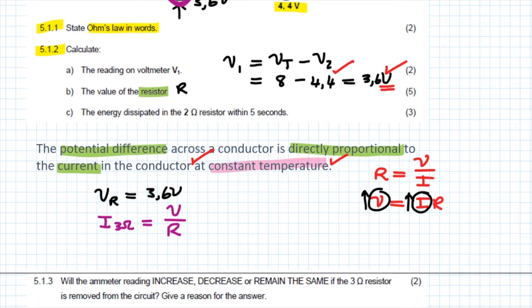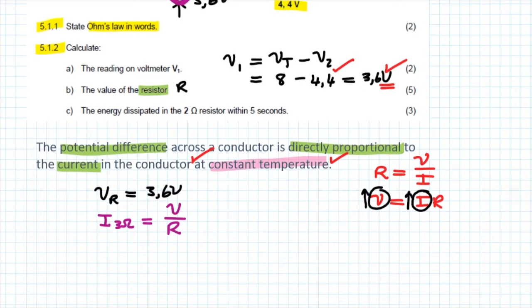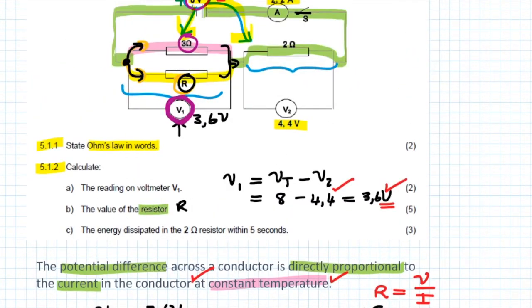So I is equal to V divided by R. You're welcome to write down this formula in its original form, so you do not need to manipulate the formula. So we have 3,6 divided by 3. And when we plug this into our calculators, we obtain an answer of 1,2 amperes. So now we know that the current that flows through the 3 ohm resistor is equal to 1,2 amperes.